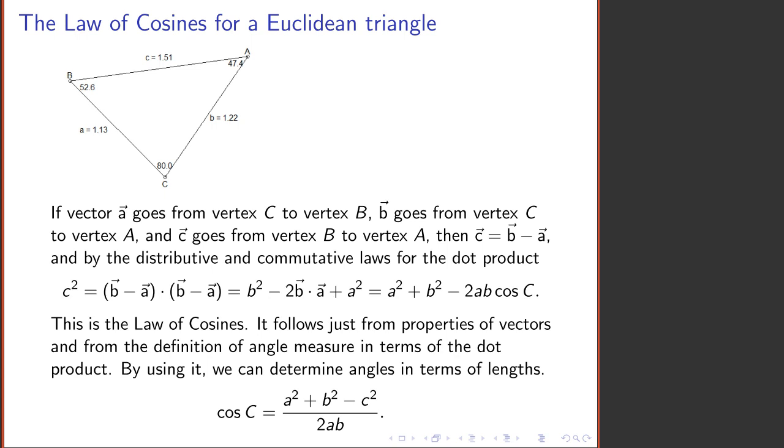Now I take the equation C equals B minus A, square both sides, and on the right, of course, squaring means I take the dot product of the vector B minus A with itself. I get B squared minus 2B dot A plus A squared. If I write that out in terms of lengths and angles, I get A squared plus B squared minus 2AB cosine C.